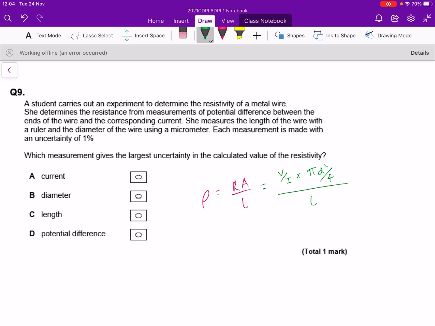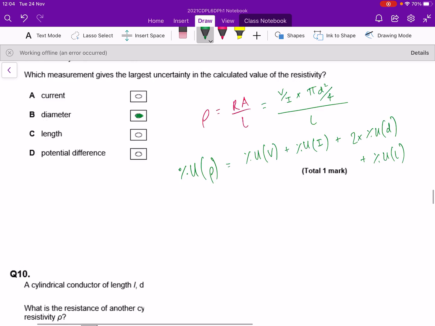So if we were doing percentage uncertainties, if we wanted to work out the percentage uncertainty in rho, this would be the percentage uncertainty in V plus the percentage uncertainty in I plus 2 times the percentage uncertainty in d plus the percentage uncertainty in L. So therefore d appears twice and is going to have the biggest effect. So 9 is going to be the diameter.